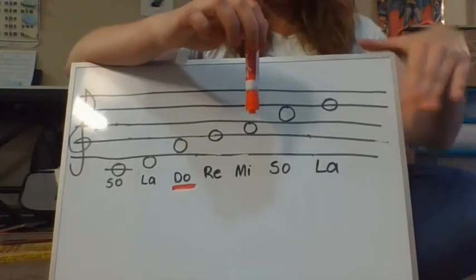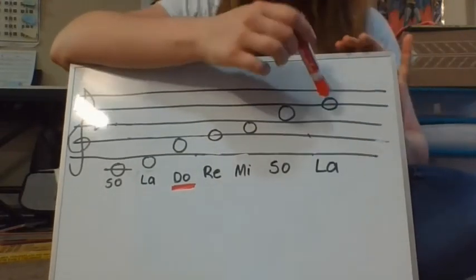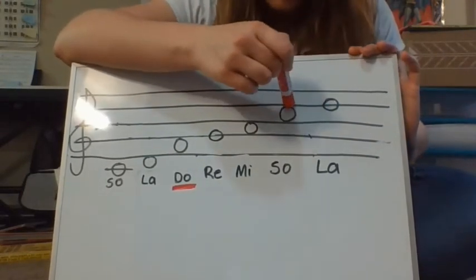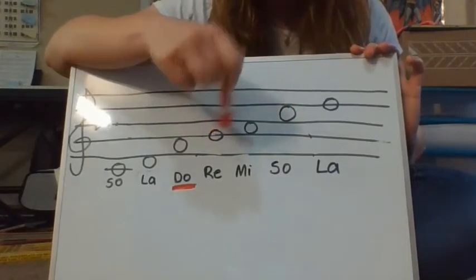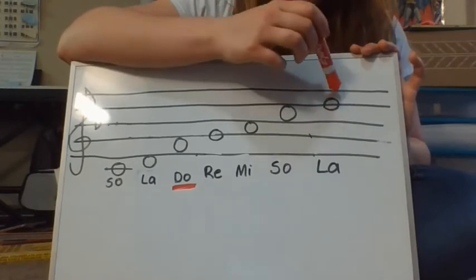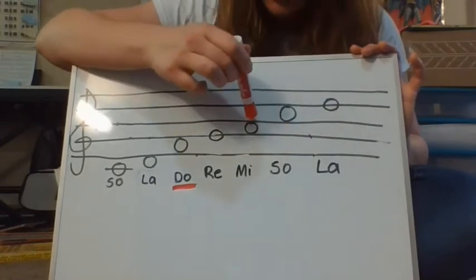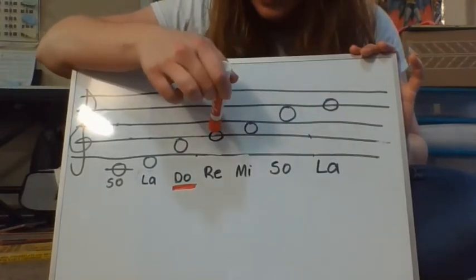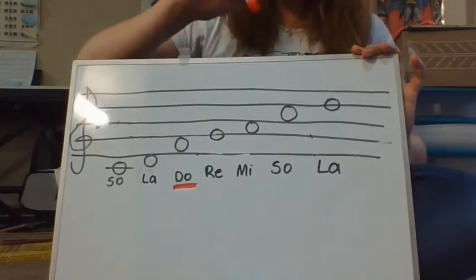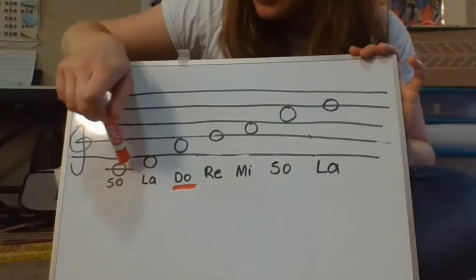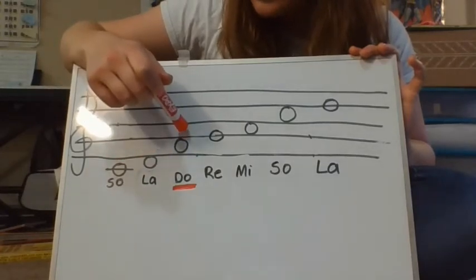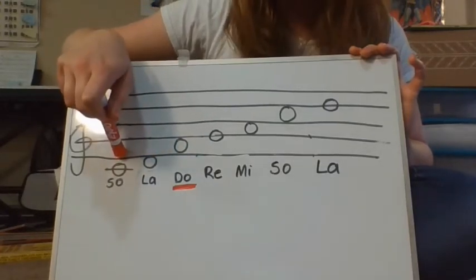Now here's the next one. You're going to want to take a bigger breath for this because we're going to be going up here. La, So, Mi, Re. Now you try. La, So, Mi, Re. All right, next one. Do, La, So.